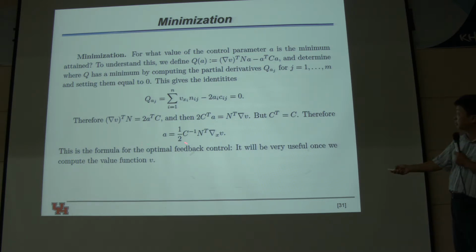So the optimal control will equal a function like this one, where Cn is basically a constant, and V is defined, and then we just do a differentiation. So basically, the optimal control for each time can have a closed form solution.